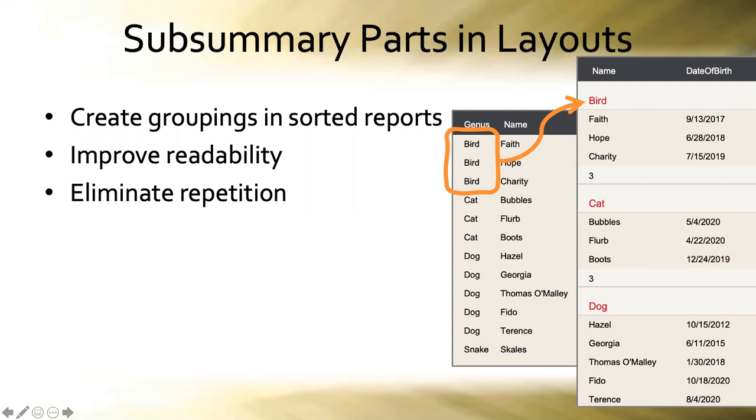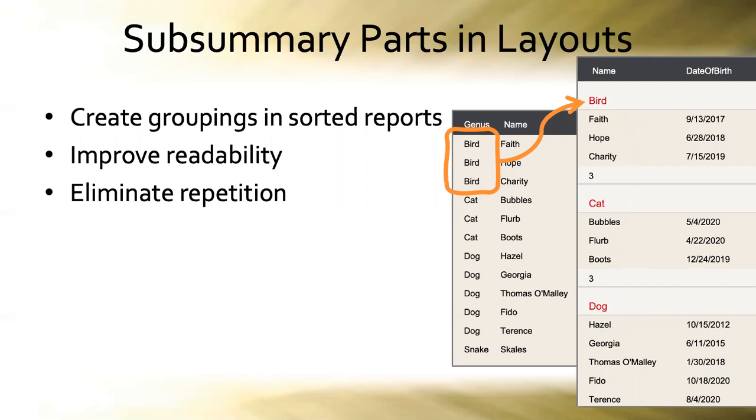And so because Faith has the value bird in its genus field, this subsummary part is displaying bird. Likewise, Bubbles is a cat, Hazel is a dog. These subsummary rows in the report are not real records. They grab their values from the first record in the group that they summarize. That's, again, very important for you to understand.